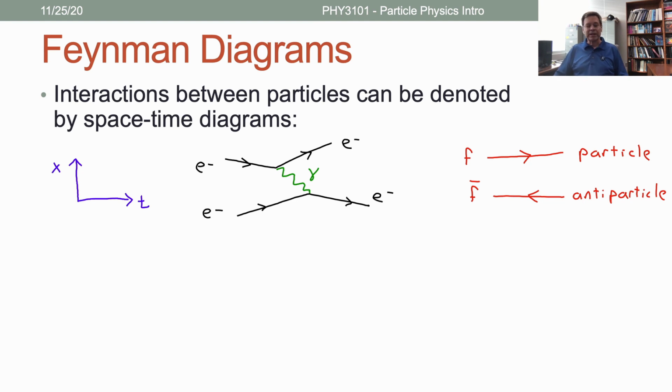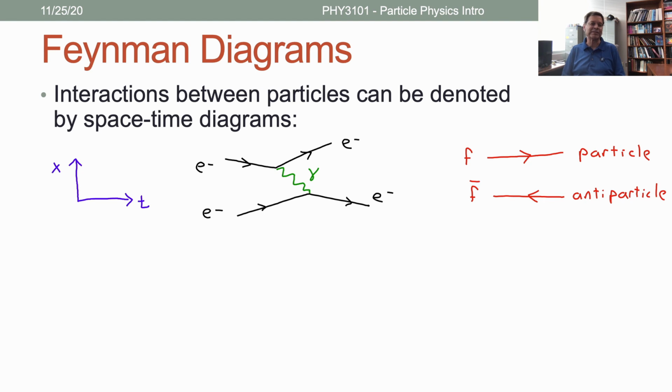By the way, I've drawn arrows on here for the particles, and arrows kind of go in the direction of time for normal particles. So a normal fermion, say the electron, we draw the arrow going forward in time to illustrate that. Antiparticles, though, we draw in the opposite direction, and we often put a bar over the label for the particle.